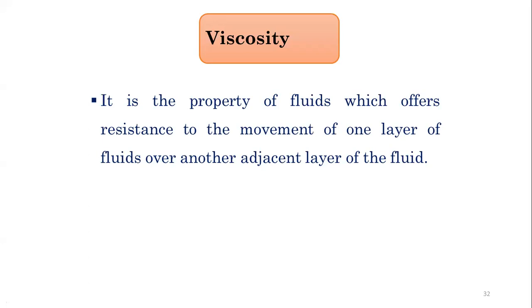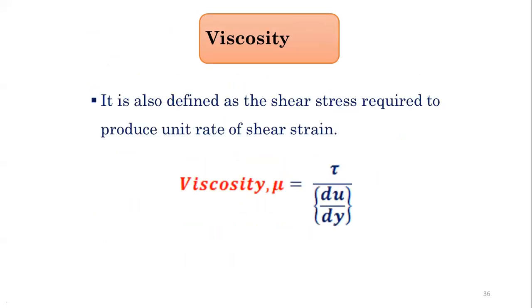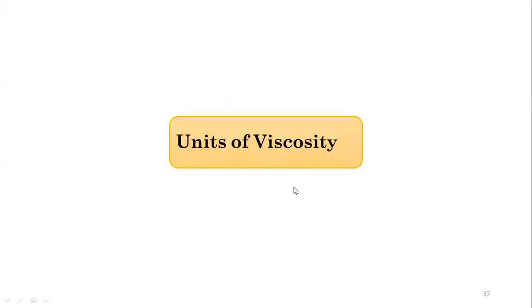Viscosity is a property of fluid which offers resistance to the movement of one layer of fluid over the adjacent layer of the fluid. And it is also defined as the shear stress required to produce unit rate of shear strain. Stress to shear strain. Next, very important is the units for viscosity.